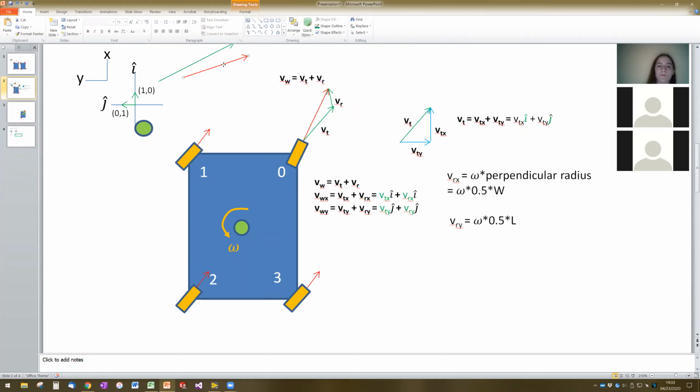And so that's not as confusing. I'm at wheel module 0, and I've got this vector in the positive x direction, and I'm rotating counterclockwise or clockwise.